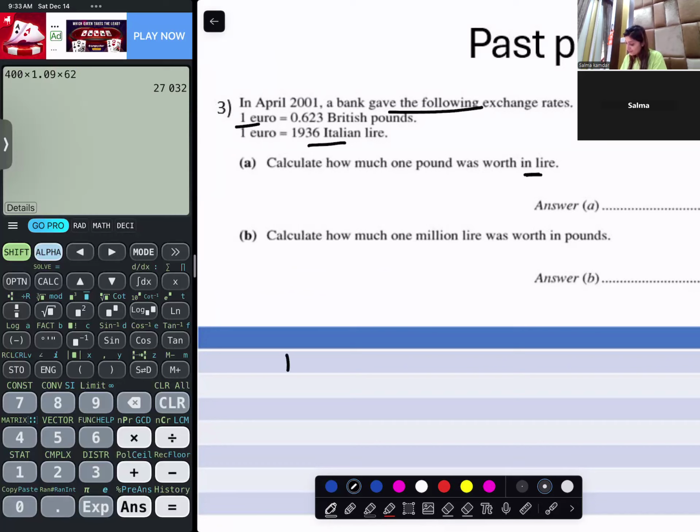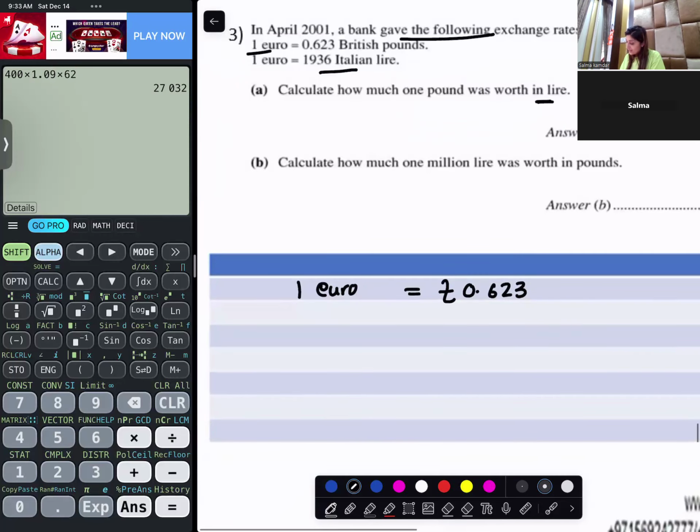So I know 1 euro is 0.623 British pound. I want to know 1 pound is how many lire?